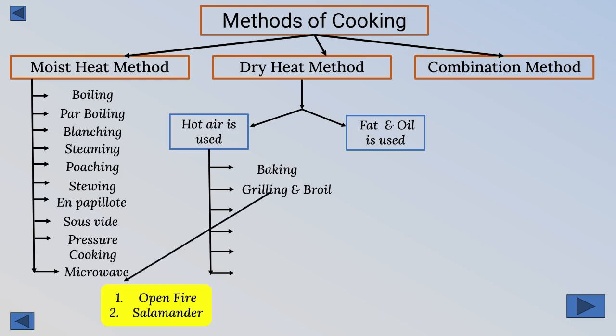Grilling also had two parts: one is open fire grilling, the other is salamander. That also we have discussed. We have also clarified the term broiling, then barbecue, then roasting. Roasting also we have discussed, covering spit roasting, pot roasting, and oven roasting.